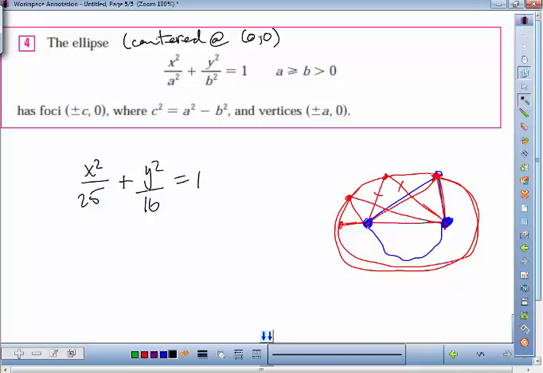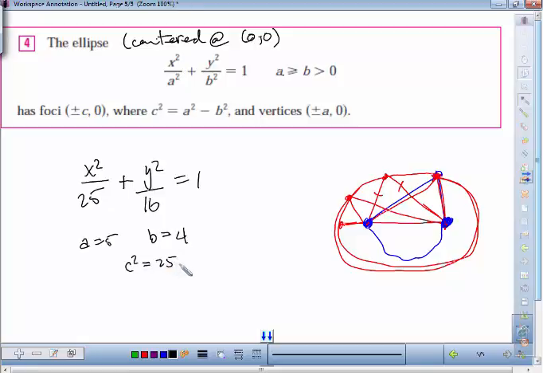Then we can easily mold this into this formula, and we say a is equal to 5, it looks like, and b is equal to 4. It looks like a is bigger than b. And so what we need to do is figure out what c is equal to find the foci. So c squared is equal to 25 minus 16. What is that? 9? So c is equal to 3.